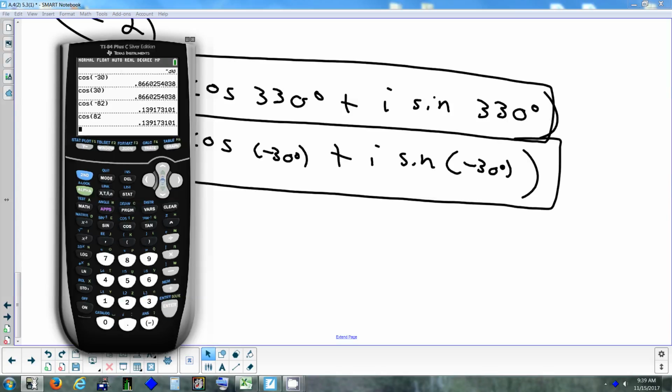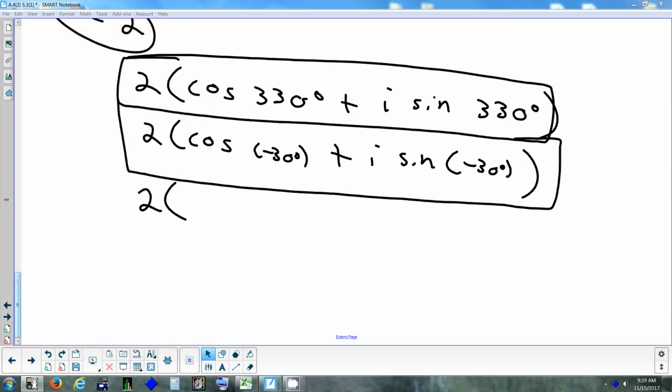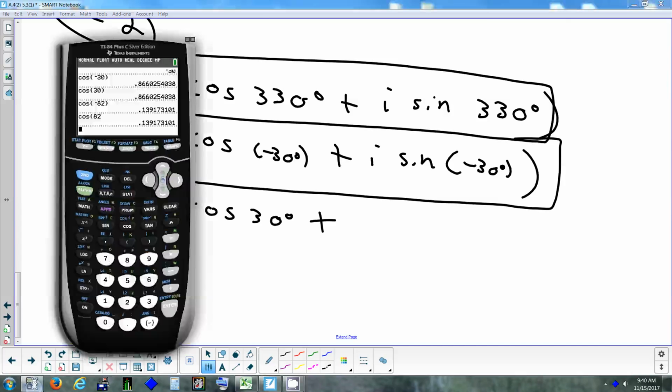So, in other words, whether you take the cosine of a negative angle or a positive angle, the negative doesn't even matter with cosine. So you can just get rid of it. Okay, so a negative with a cosine, just don't even write it. You don't have to.